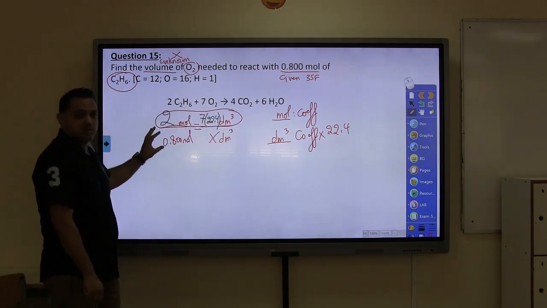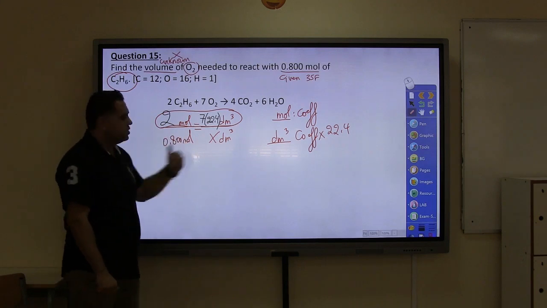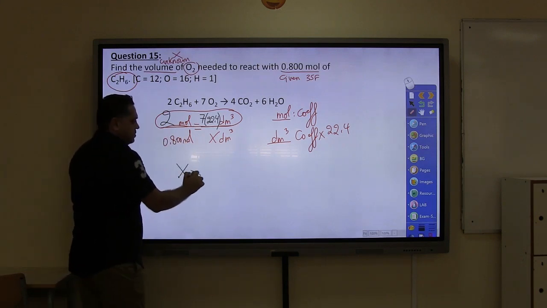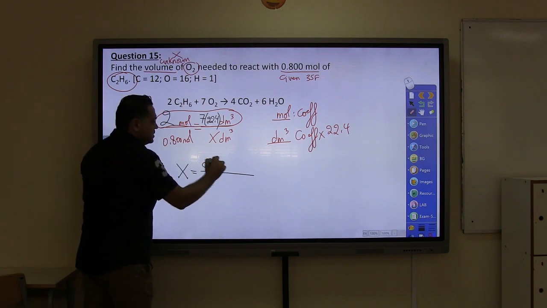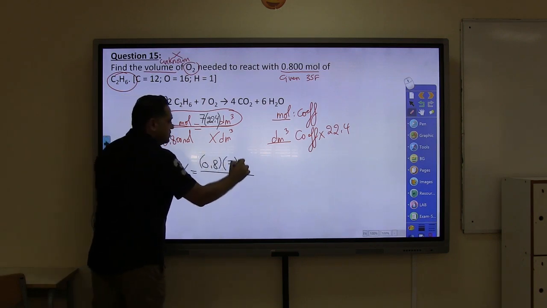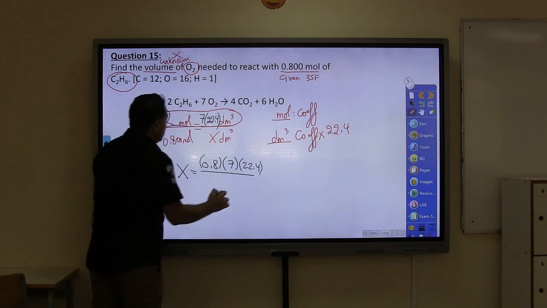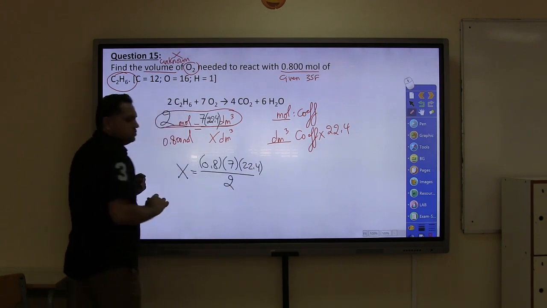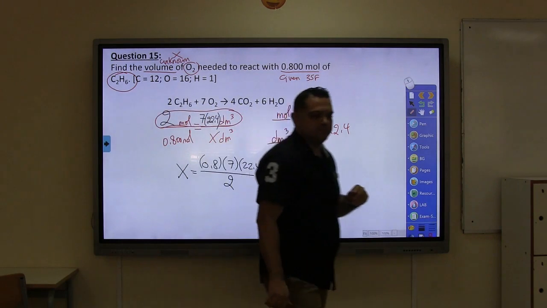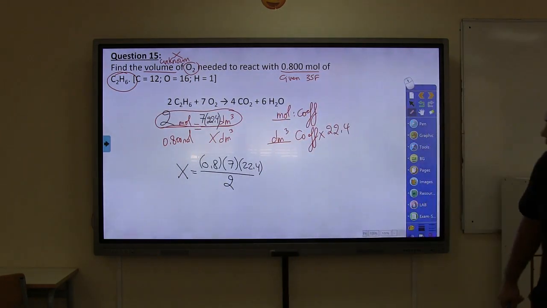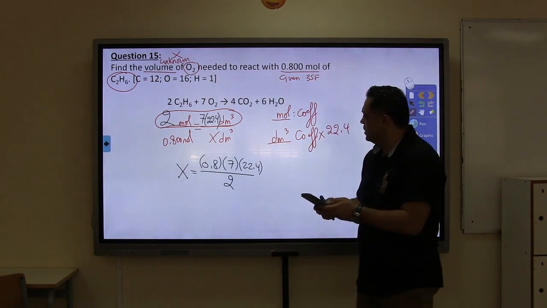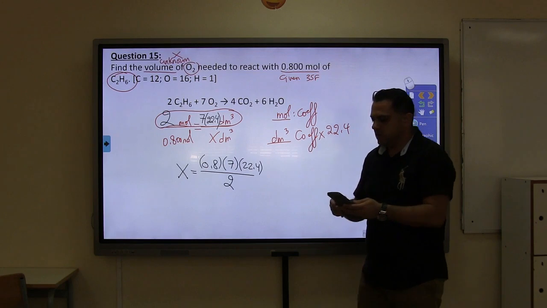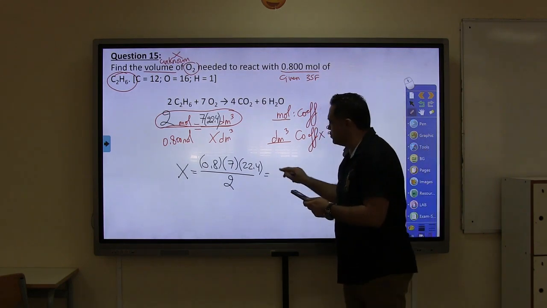Every given 0.8 will react with X. So to find X, it will be 0.8 times 7 times 22.4 divided by 2.